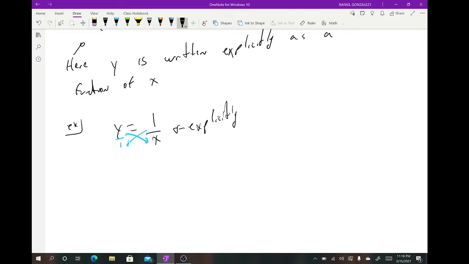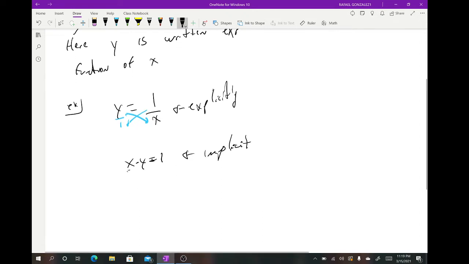And if we were to do that, then we get x times y equals 1. Now this function right here is implicit. It's defined implicitly because we could solve for x, and now we have that x equals 1 over y. So it's not as clear.